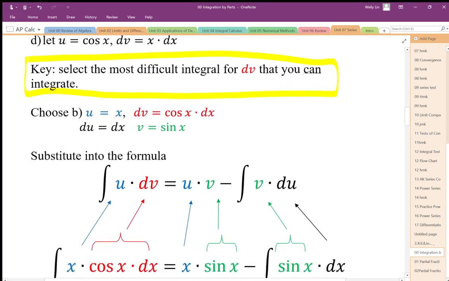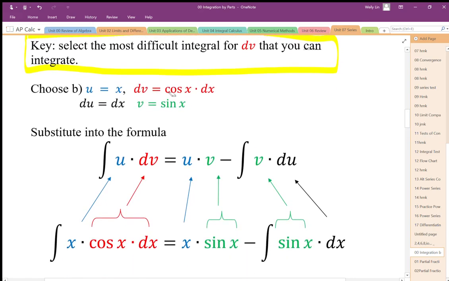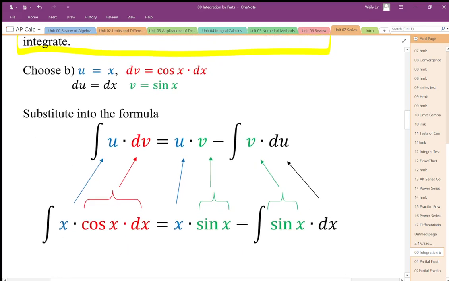Once I've built all these parts up, I then plug it into the formula. So here's my original integral that I couldn't do to start with, x cos x dx. My uv parts are going to be u, v, so x sine x. And this new integral is going to be made up of the v part and the du part.